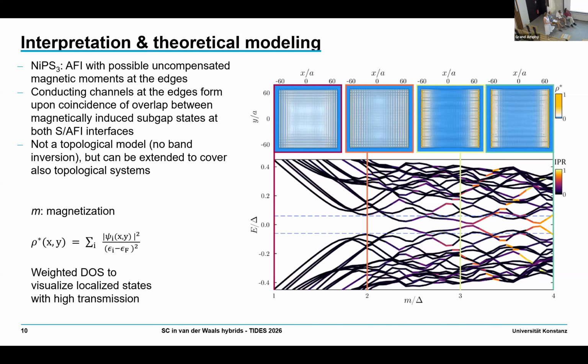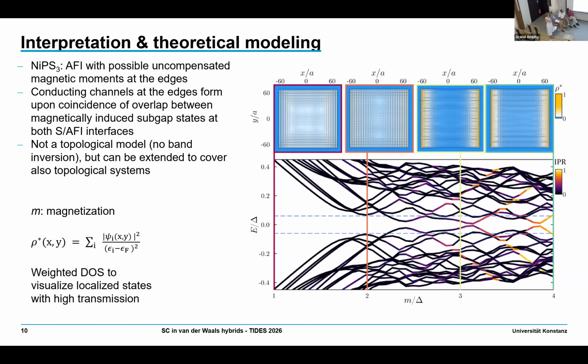What was studied is how the energy landscape develops if one increases the remaining magnetization due to the uncompensated moments. You see that the gap fills, and it may also come to a zero bias energy.